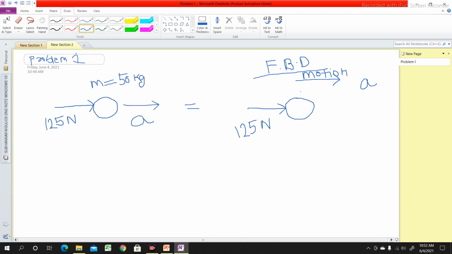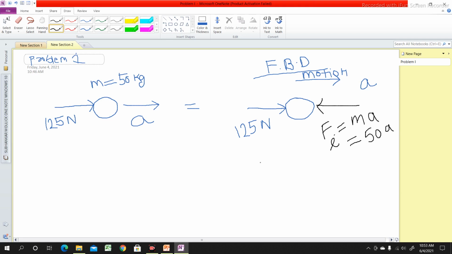Since the body is moving along positive x direction due to this 125 Newton external force, the direction of inertia force will be along negative x direction, and its magnitude, inertia force Fi, is m into A. What is m given in the problem? 50 kg. So Fi will be 50 into A.